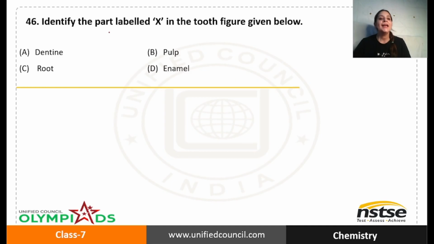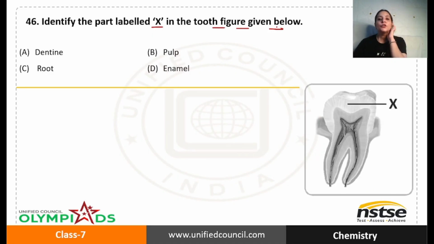Next question. Identify the part labeled X in the tooth figure given below. Here you have a tooth figure. So we need to identify this part X. So let me tell you, as you all know, this is a structure of tooth and it is also mentioned in the question. This upper part of tooth is called crown.